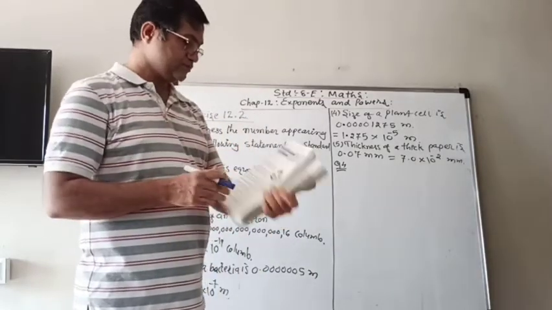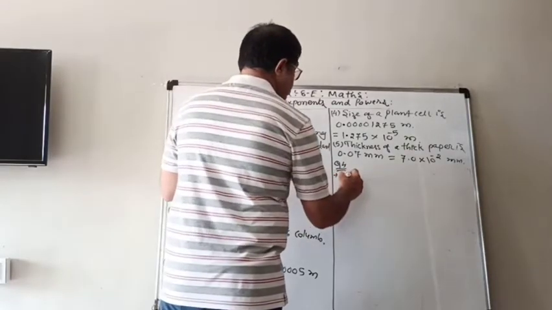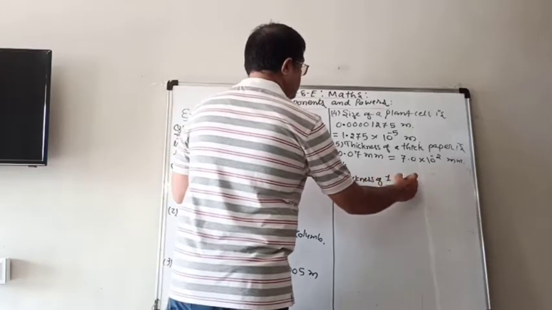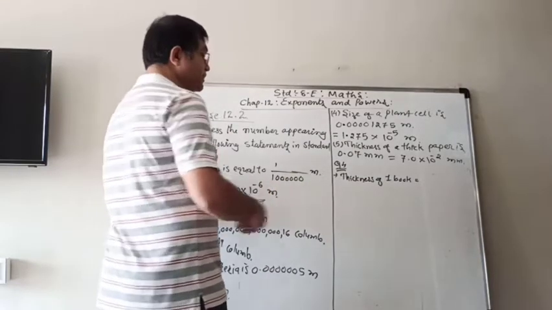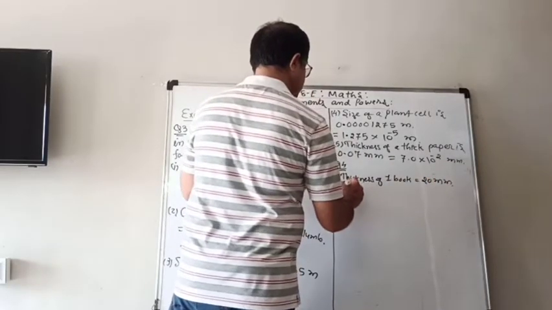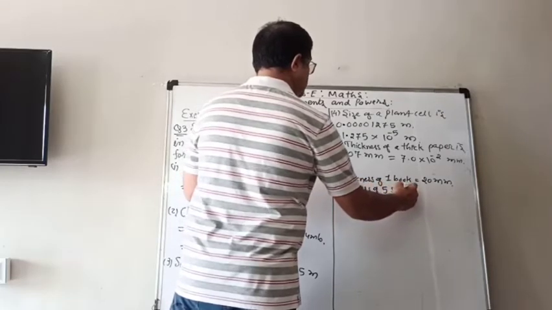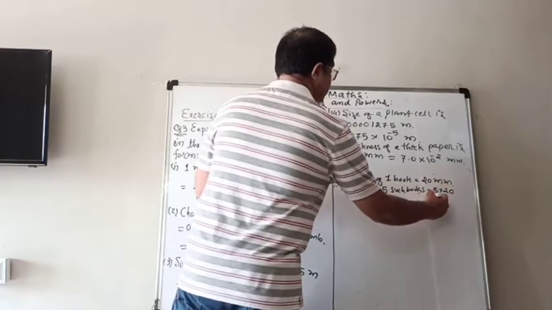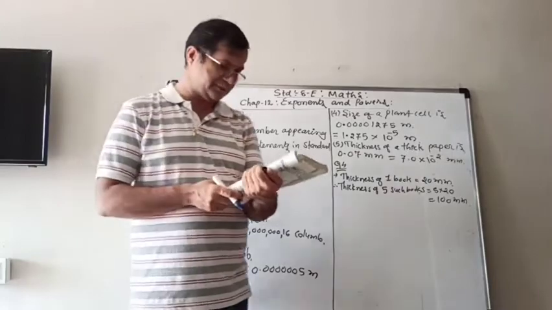So now first, what is the thickness of one book? We will write down thickness of one book is how much? 20 millimeter. Therefore, thickness of 5 such books is equal to 5 multiplied by 20 is equal to 100 millimeter.